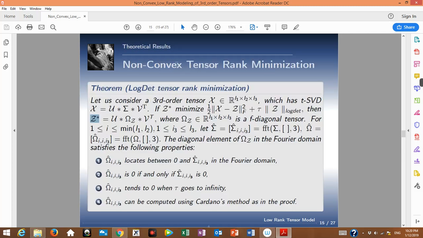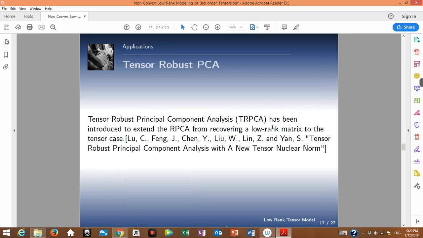Now, this kind of non-convex tensor minimization has lots of applications. For example, if we want to extend robust PCA from recovering a low-rank matrix to recovering a low-rank tensor. This was firstly studied by Lu, Feng, Lin, and Yan, but they used the convex nuclear norm.